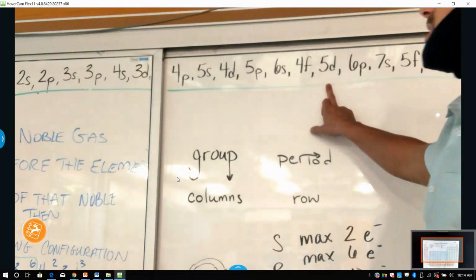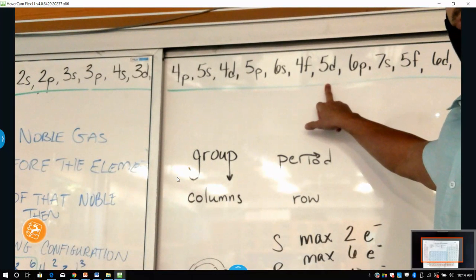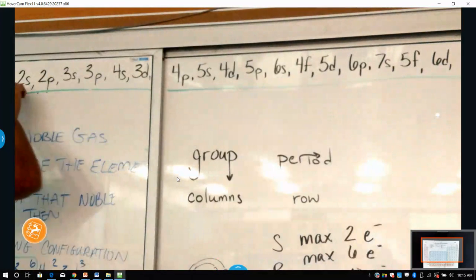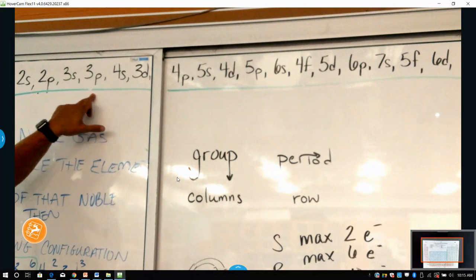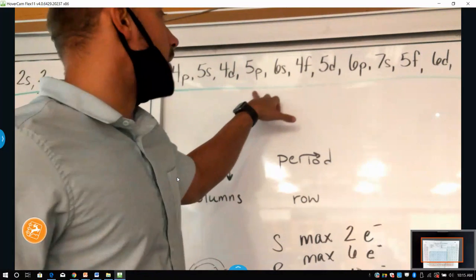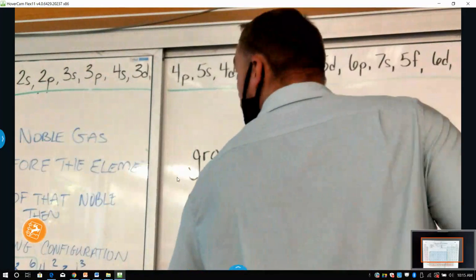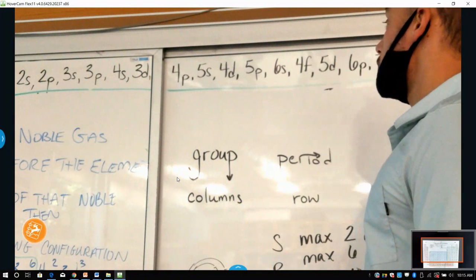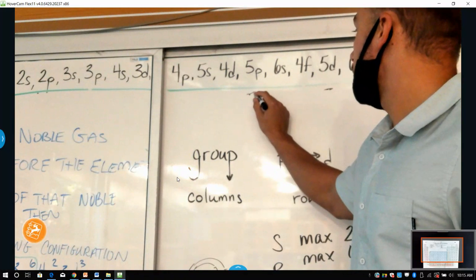So if we're finishing here at 5d8, the noble gas that comes before it, all the noble gases end in the p block, besides helium, which finishes in the 1s. So this would be neon, argon, krypton, xenon, and then 6p would be radon. So we're finishing here at 5d. The noble gas that came before it, xenon, finishes here in the 5p6.